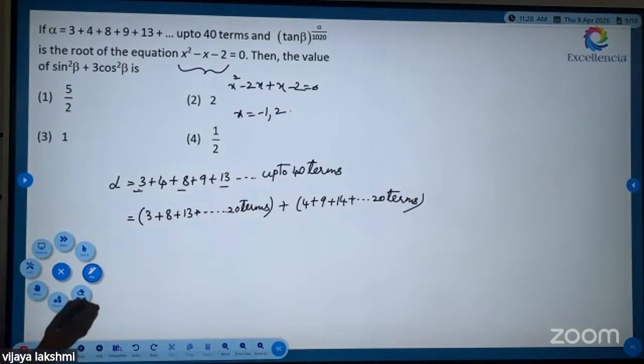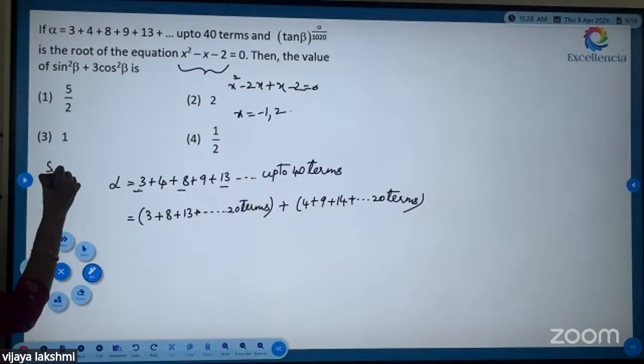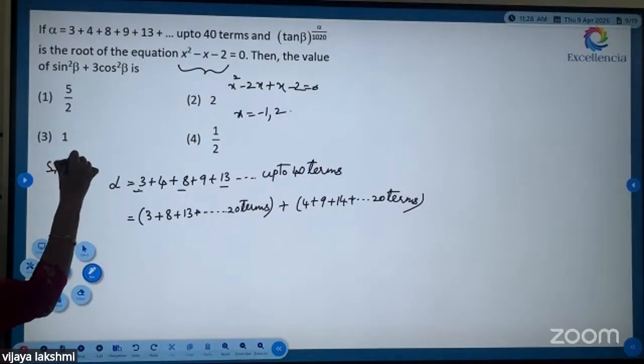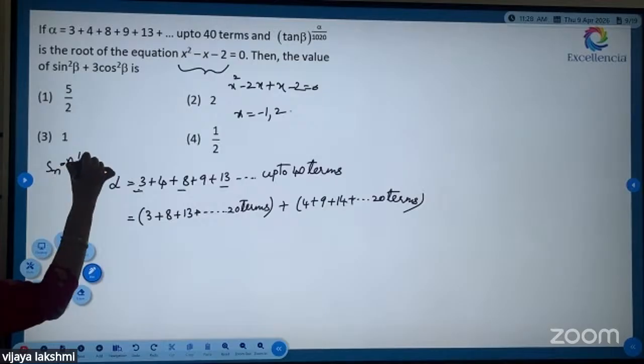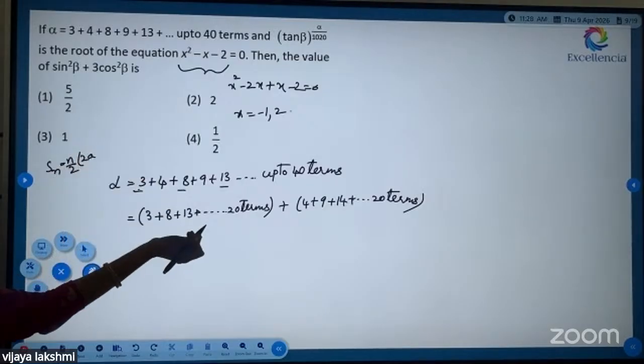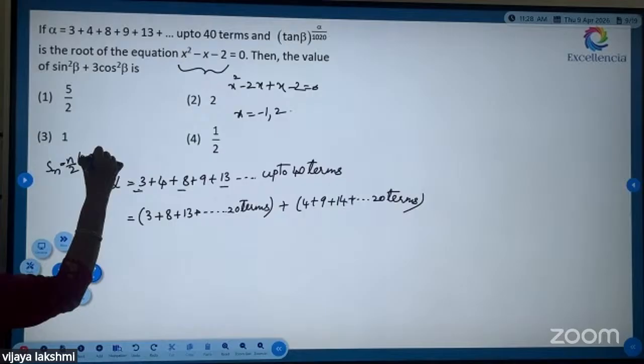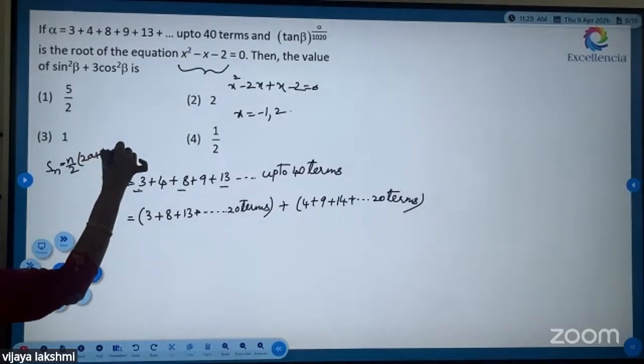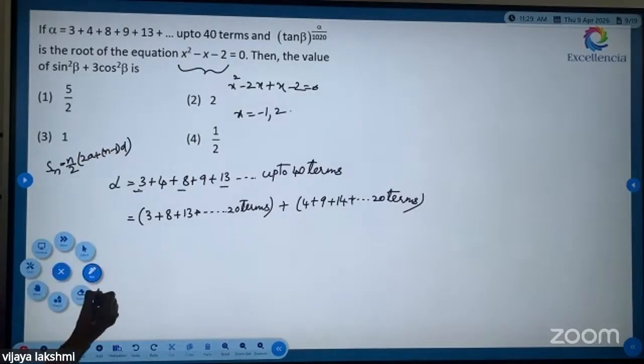The sum of the terms formula is Sn equal to n by 2 into 2a plus (n minus 1)d. Because if you know the last term, you can write it directly as the last term, that's why I'm using this one.